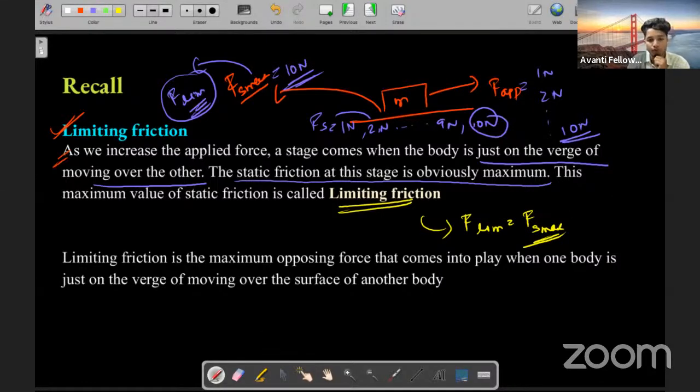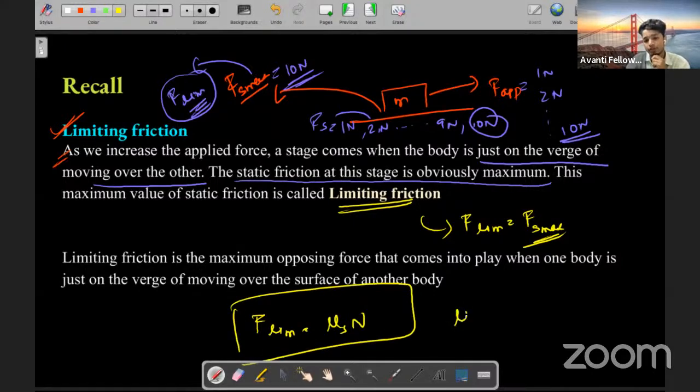And we had a formula for it. What is the limiting friction, students? Let me know in the chat. It is mu s into N, where mu s is the coefficient of static friction and N is the normal force. Limiting friction is the maximum opposing force that comes into play when one body is just on the verge of moving over another.